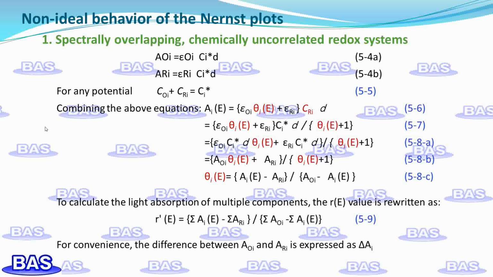Substituting oxidized and reduced concentration of component I half reaction, then the absorbance of the system at equilibrium can be expressed as the equation 5.6, then combining the equations to calculate the light absorption of multiple components.